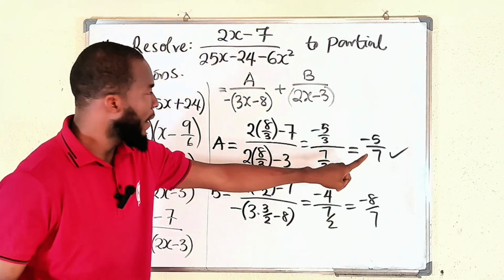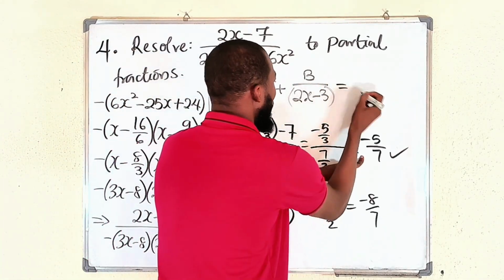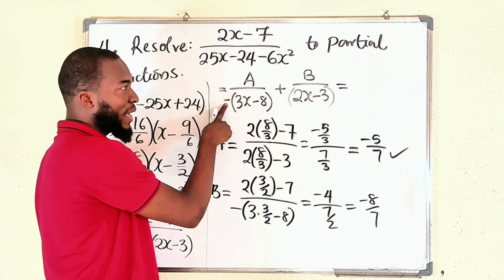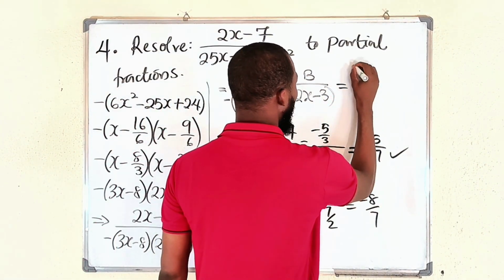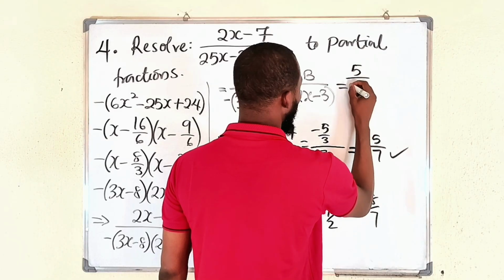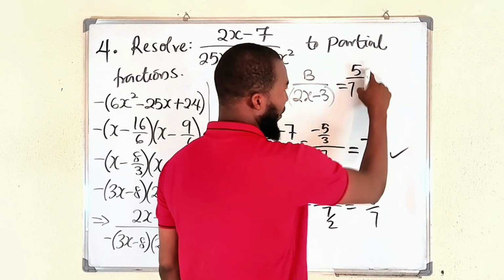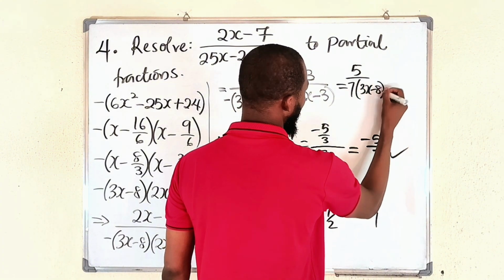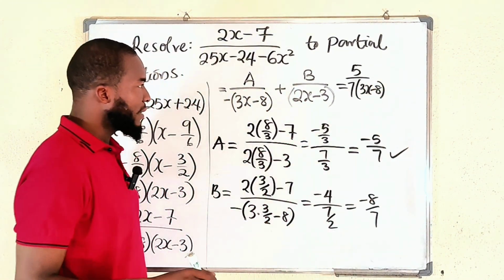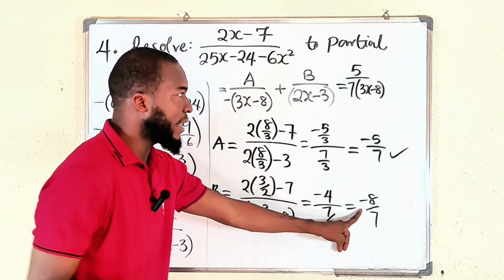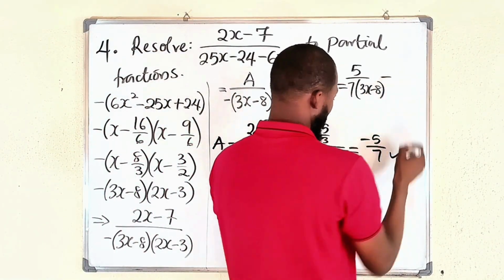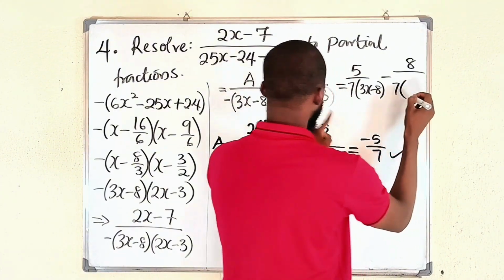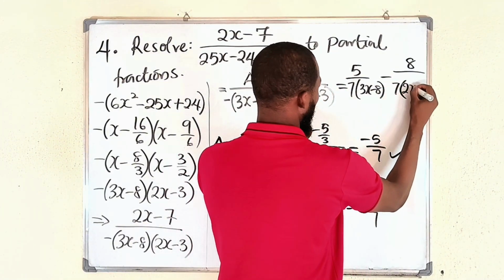Let's start with A. The value of A is negative, but we still have another negative here, so they will cancel, right? So you only have 5 divided by 7 times the factor, which is 3x minus 8. Then you come to the other one, B, it has minus 8 at the top. At the bottom we have 7 times that factor, which is 2x minus 3.